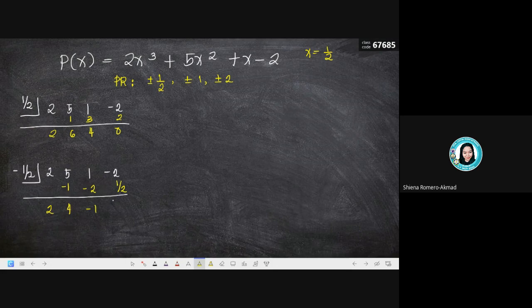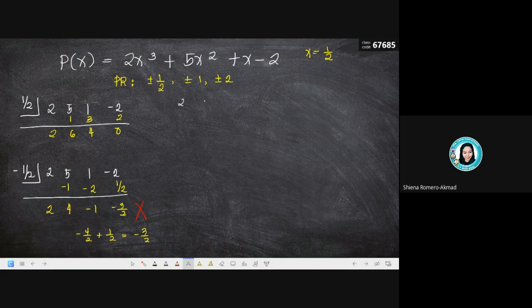So, positive 1 half plus negative 4 over 2, that's negative 3 over 2. So, hindi. Hindi siya. Hindi natin ang x. Next, paano naman si positive, negative 1?